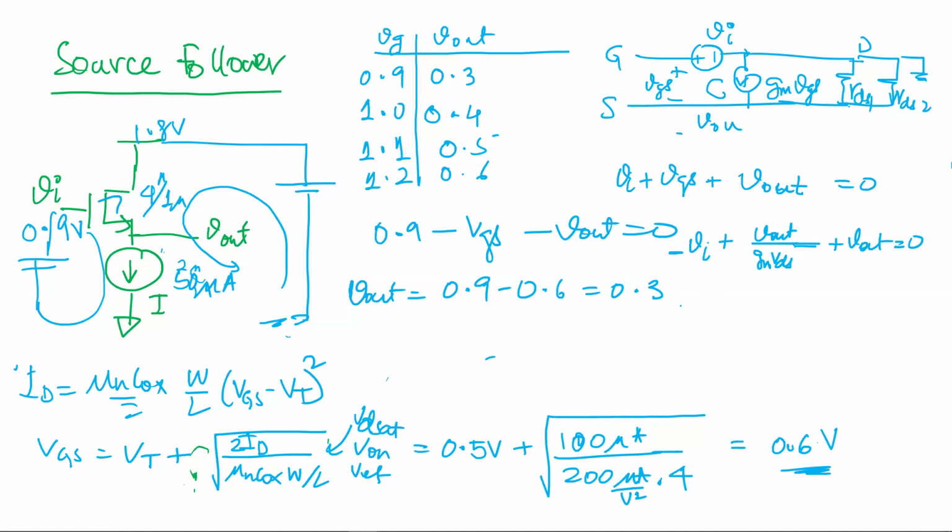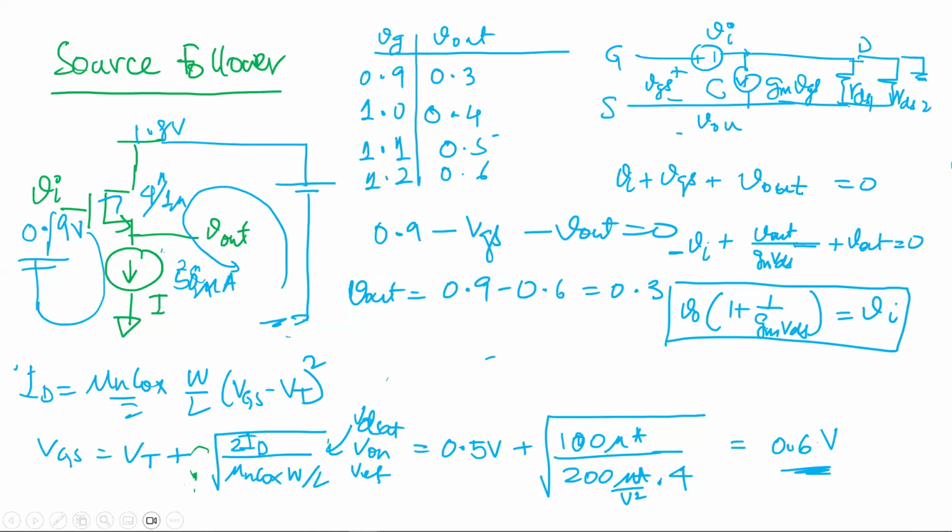This is minus. So V out times 1 plus 1 over GM RDS is equal to VI. If you're getting confused, you just write the KVL around this loop.